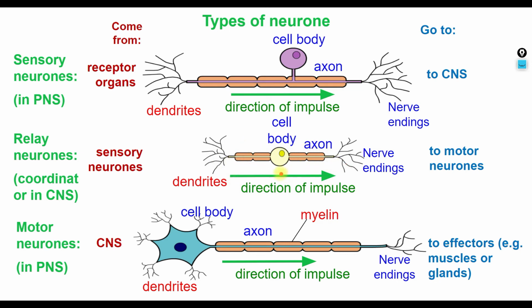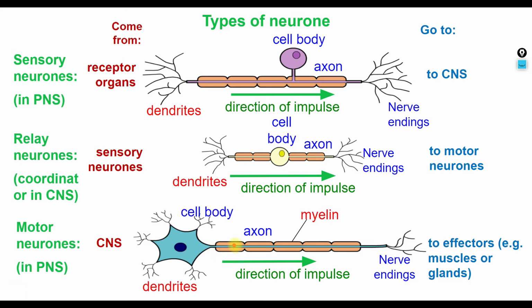A relay neuron looks different to the other neurons because its cell body with the nucleus is kind of in the middle of the axon. The axon actually kind of moves through it. That's different to the sensory neuron, because the sensory neuron has its cell body and its nucleus off on a little branch from the axon. The motor neuron has got the cell body and the nucleus before the axon.